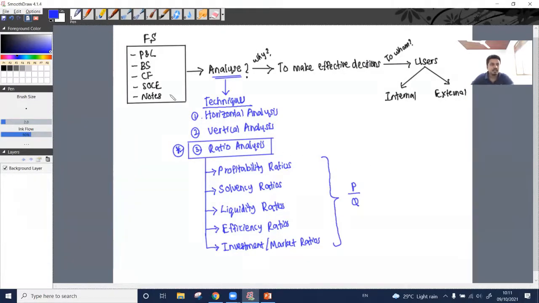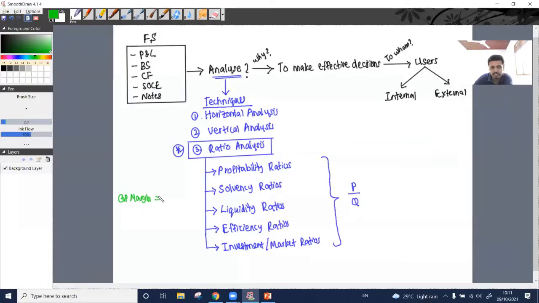So how can you improve this ratio? Whatever the figure coming out of this ratio, I need to improve it, I need to increase it. For example, assume GP margin, which comes under profitability ratios. How can we calculate GP margin?